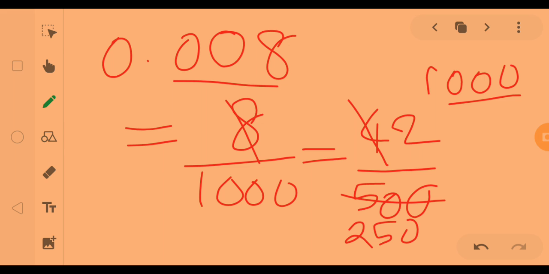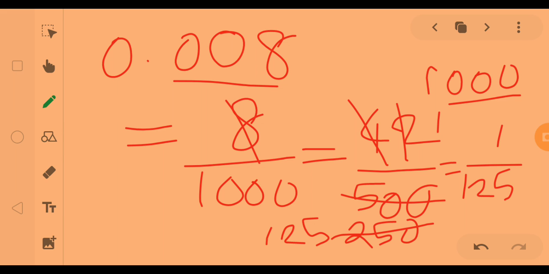So we get 2 and 250, which can be reduced again. Half of 2 is 1, half of 250 is 125. So finally we get 1 upon 125 as the fraction in the simplest form.